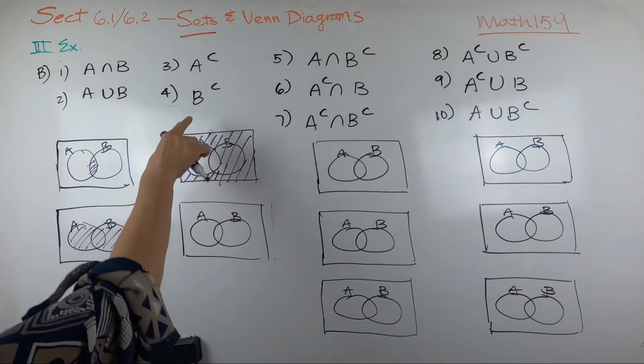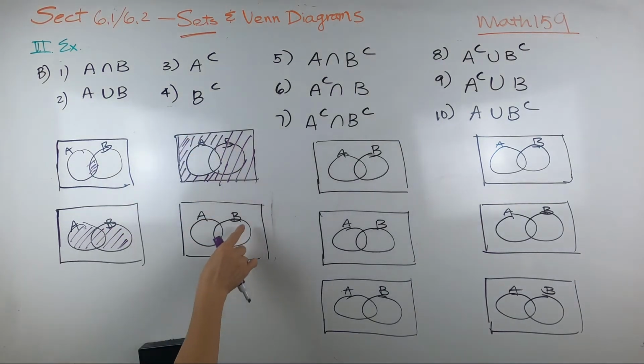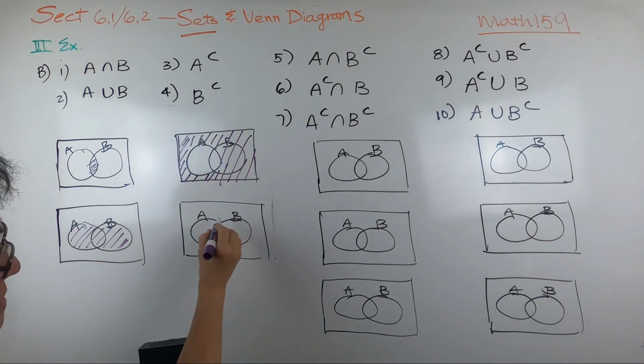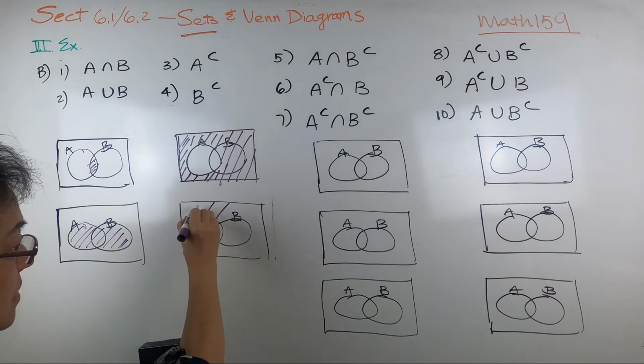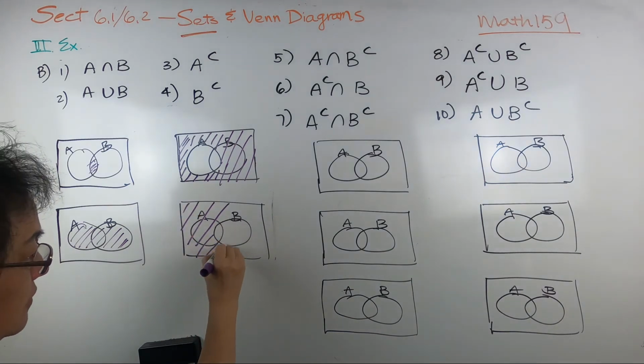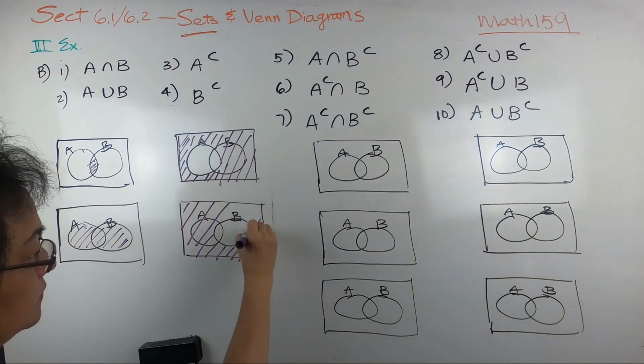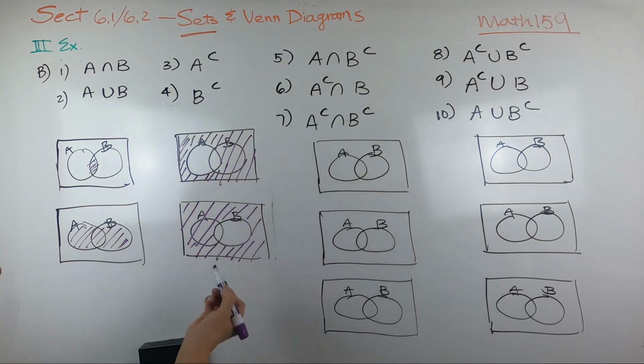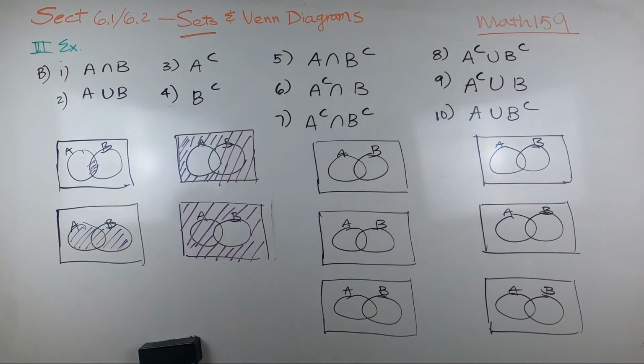For the complement of B, it doesn't belong to B but is everywhere else. So it will be outside of B. Pretty straightforward.